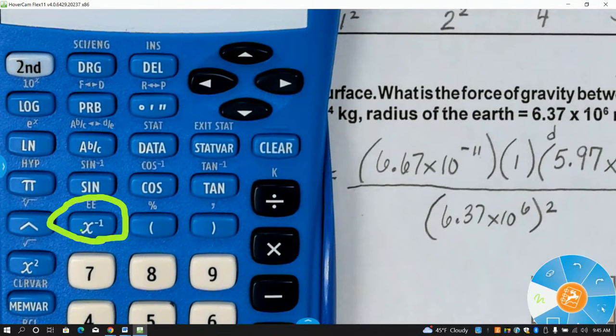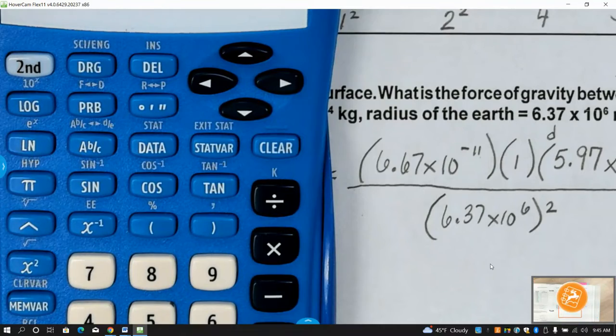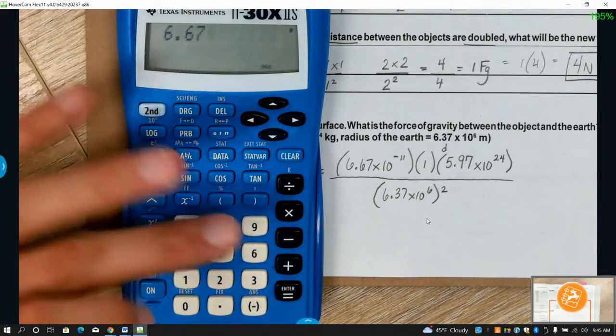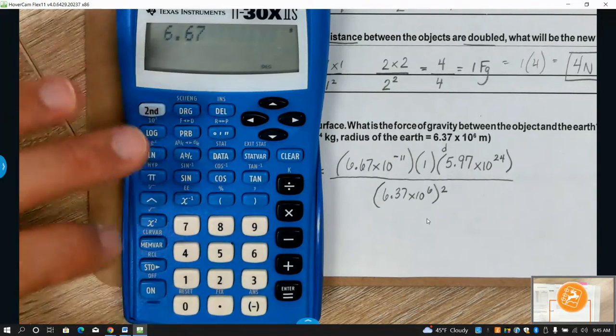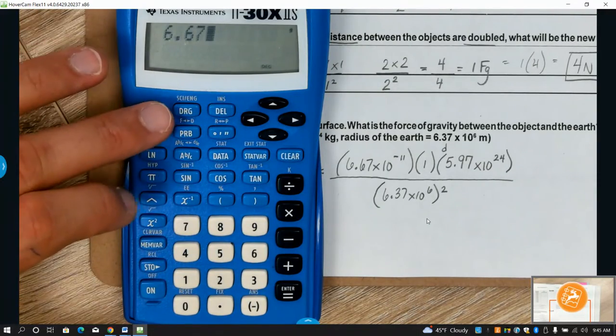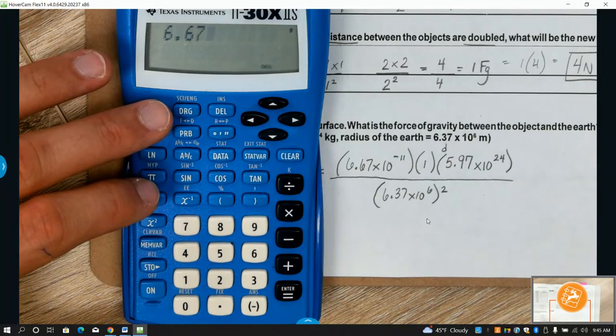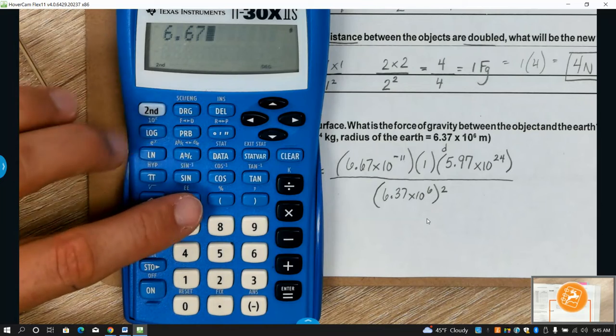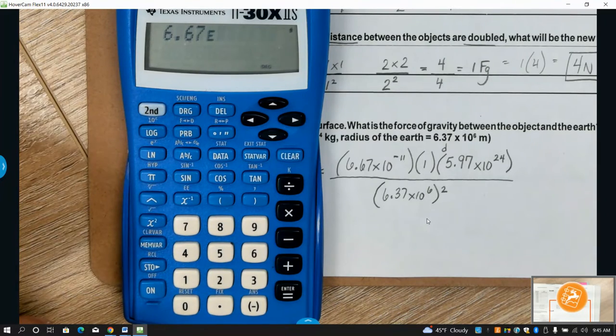It may have an x to the 1, or it should have a double E right there. It is basically a shortcut to put your calculator into the times 10 power range. So instead of having to hit times 10 caret and then whatever your exponent is, you just hit that, not times E, just E. I have to hit second on mine to get to it, and you just want that to show up.